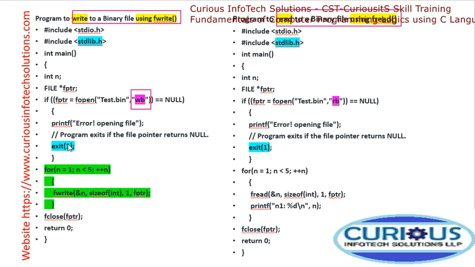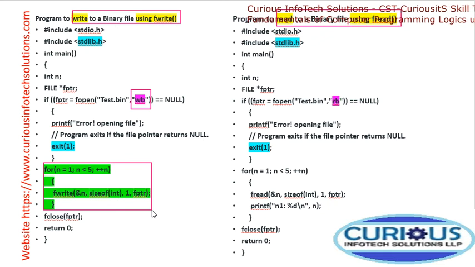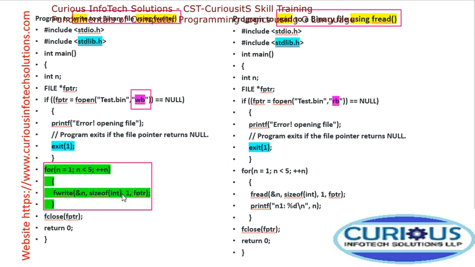So here we want to write 4 numbers into our file. So first n is equal to 1, n is equal to 2, n is equal to 3, n is equal to 4. Only 4 numbers we have to write in a file.